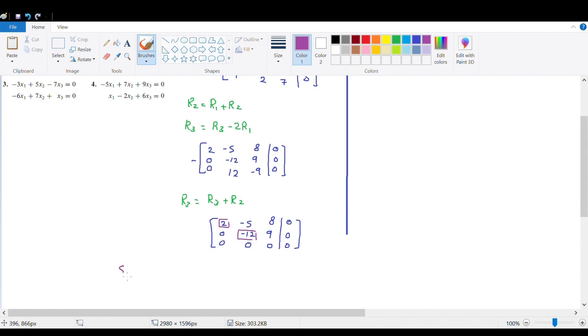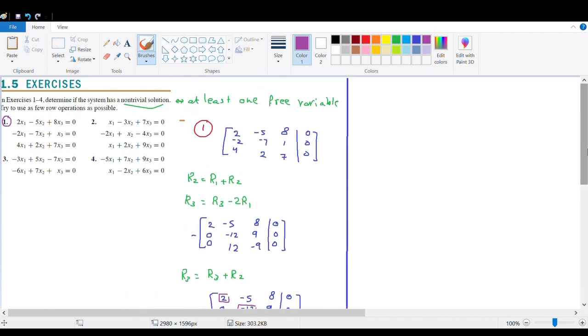So since x3 is a free variable, then the system has a non-trivial solution. Because of the free variable, the system has a non-trivial solution.